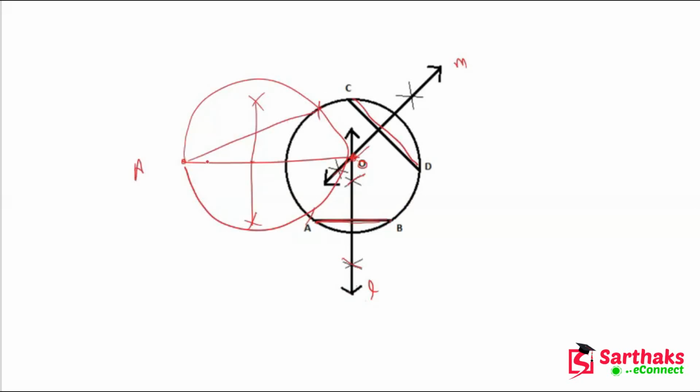Now we join this point and this point. I hope you understand how to draw the tangents on the circle. This is the easiest method to draw tangents on the circle. I hope you don't have any doubts. So now let's move on.